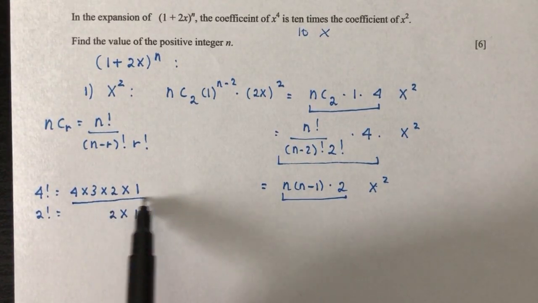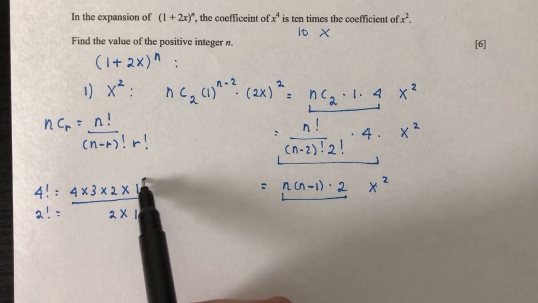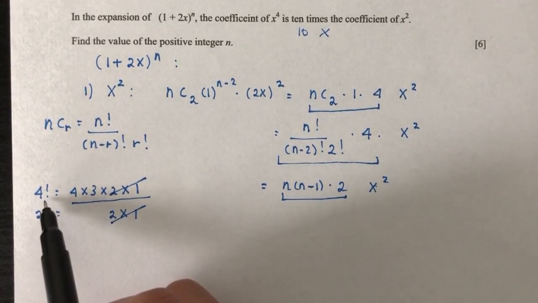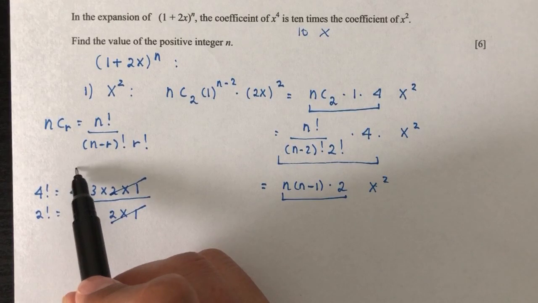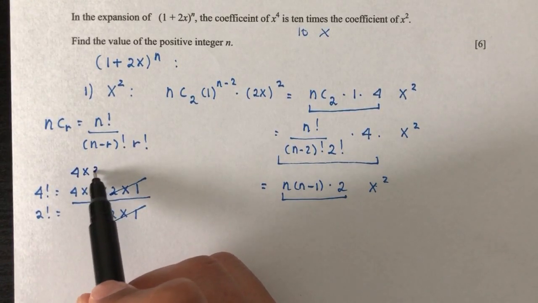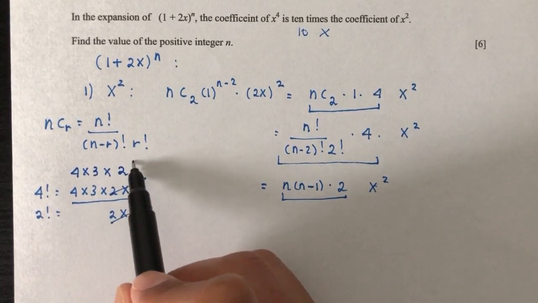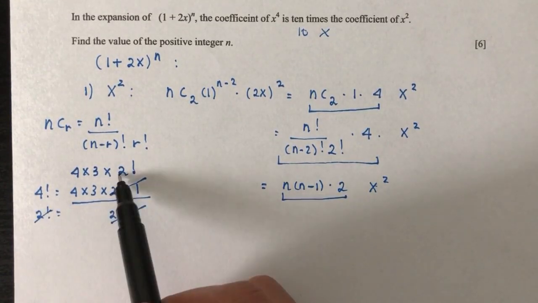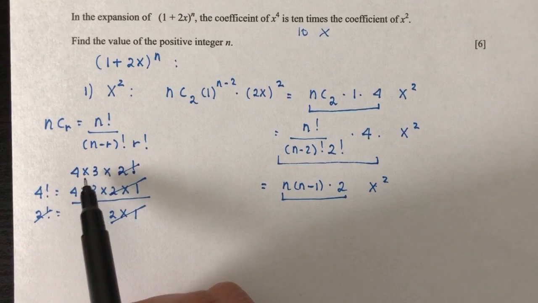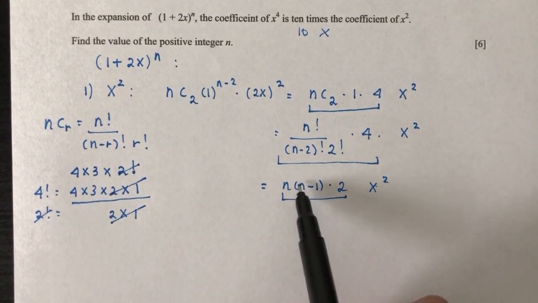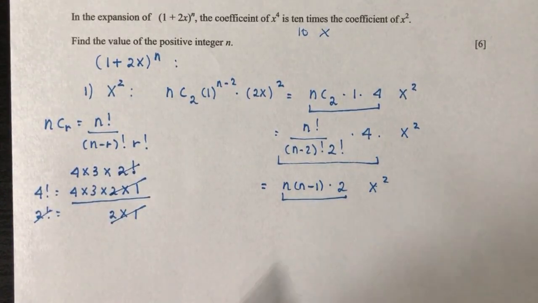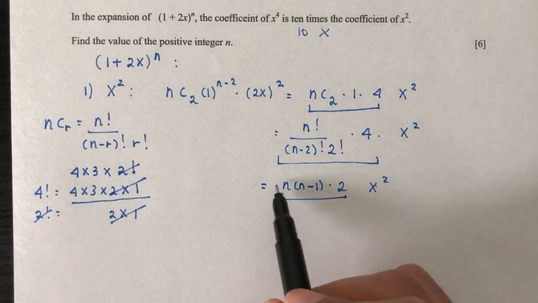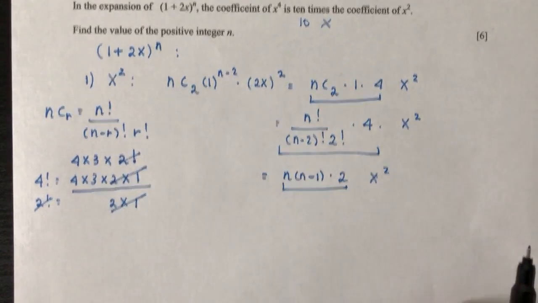So if you divide this, you can cancel the tail, as you can see. So basically what's happening here, it is 4 times 3 times 2 factorial. That's why you can cancel this from here, and remaining will be 4 times 3, which is n times (n minus 1). I hope that makes sense. That's why I have this here. So that will be the coefficient of x squared.